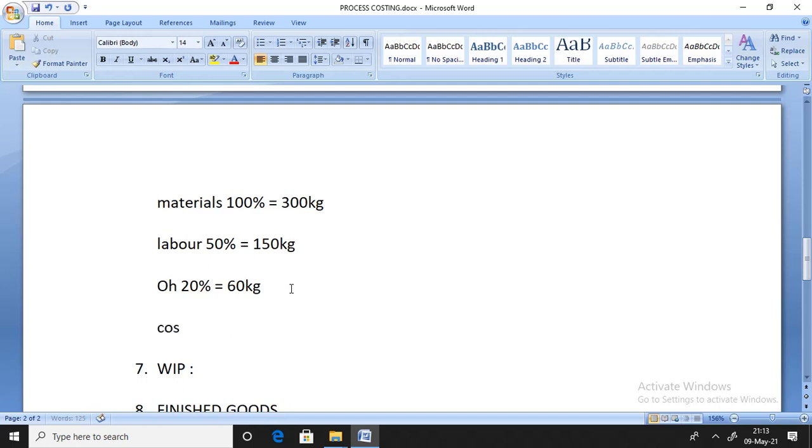If you do not have work in progress at the end of the period, the cost of the process, then you simply subtract the value of normal loss, and everything is divided by the expected good output.